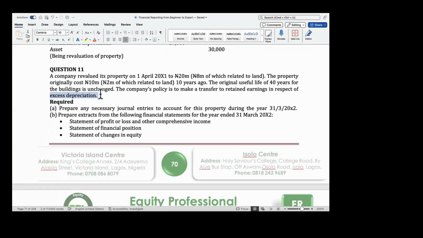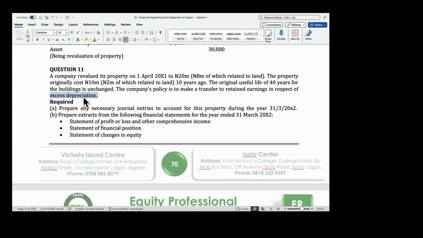They took advantage of the fact that whenever we revalue an asset, depreciation will change. In fact, depreciation will increase because the asset value goes up, right? So they now say that excess depreciation, use it to earn your revaluation surplus.